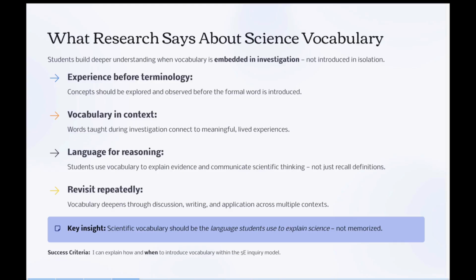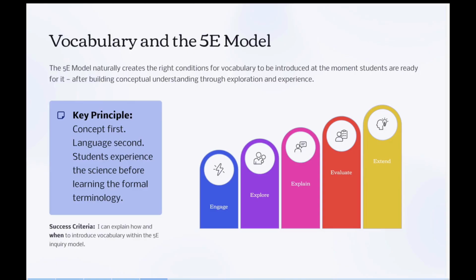So now you should be meeting your success criteria. You're starting to be able to explain how and when to introduce vocabulary within the 5E inquiry model. The 5E model naturally creates the right conditions for vocabulary to be introduced at the moment students are ready for it, just like research says, after building conceptual understanding through exploration and experience.